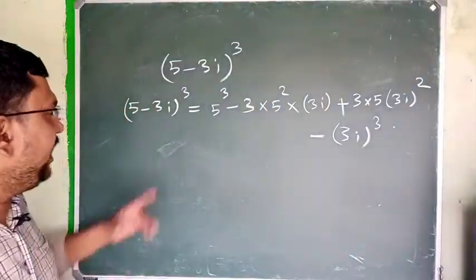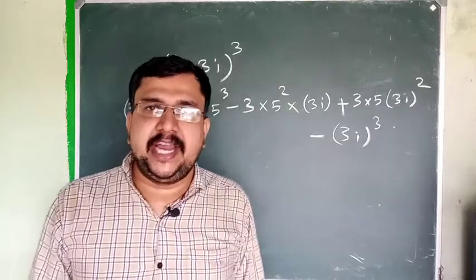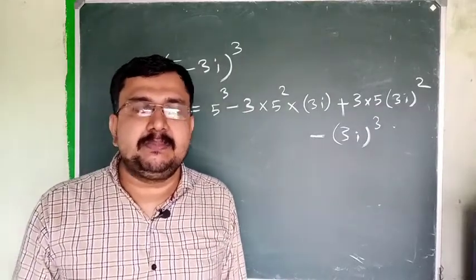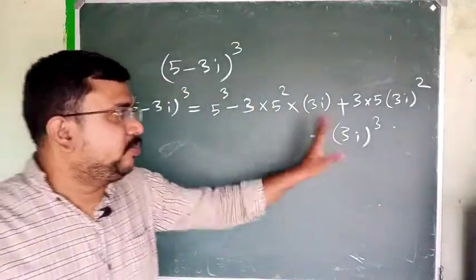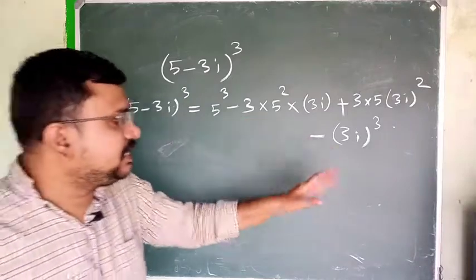Okay, we know that a minus b the whole cube equal to a cube minus 3a square b plus 3ab square minus b cube. Okay, this is the standard form. Therefore, this can be written as this one.